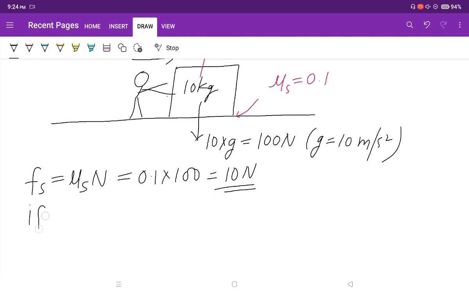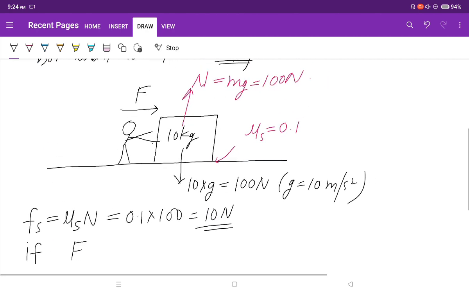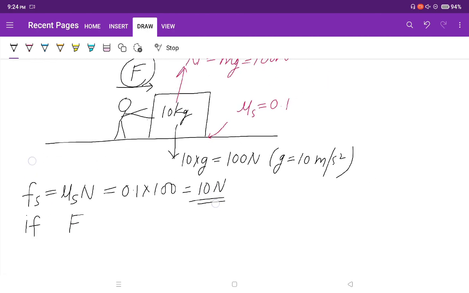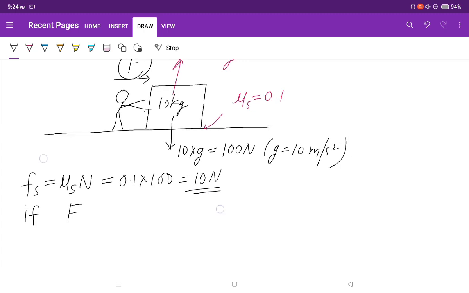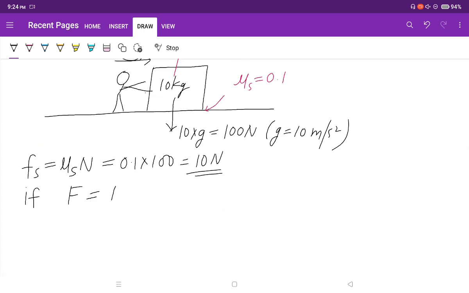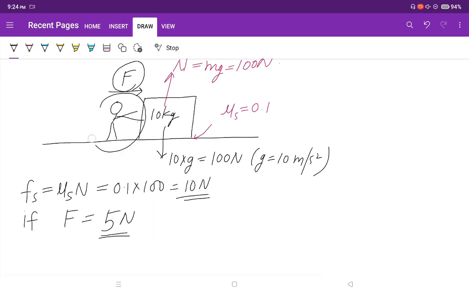So if the external force F pushed by the man is less than 10 newtons, say 5 newton, now this man is trying to push the block with 5 newtons of force. So what will be the value of friction that will be applied? This Fs will be 5 newton.